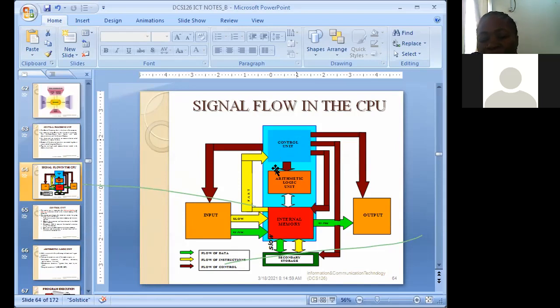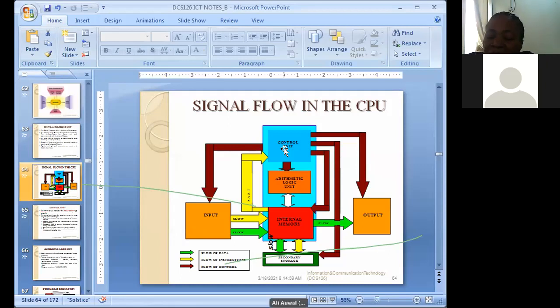So the control unit, being the brain, controls everything. You know, the human brain has compartments. So the CPU, being the brain of the computer itself, has 3 compartments or 3 parts that form it. The first is the control unit, the second is the ALU, arithmetic logic unit, and the third one is the internal memory.